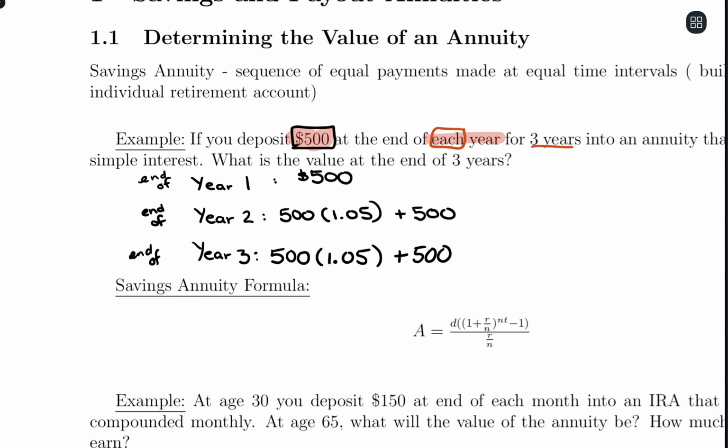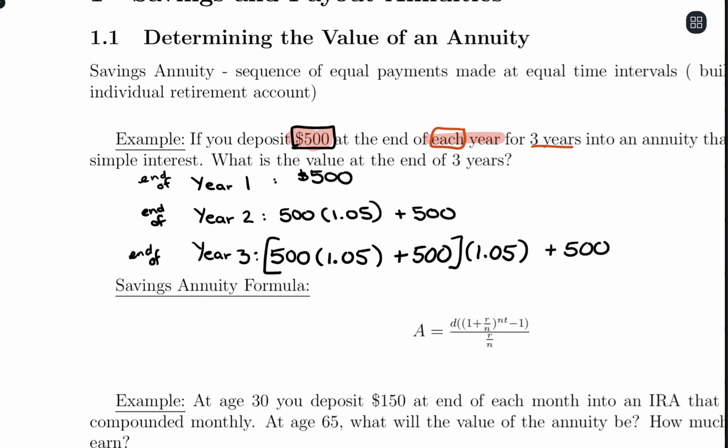So we're taking everything, so I'm going to have these parentheses to group 500 times that first 1.05 plus 500, so what we had for year 2, taking all of that and multiplying that by 1.05. So that'd be the idea of taking what we had in year 2 and it's growing by 5%. Then what we also have is this deposit of $500. So we're adding on $500.